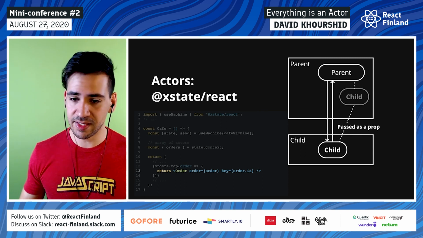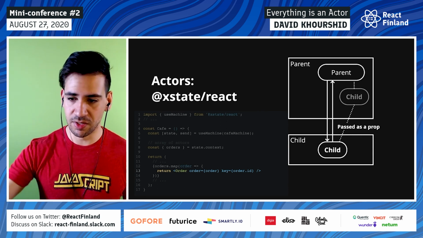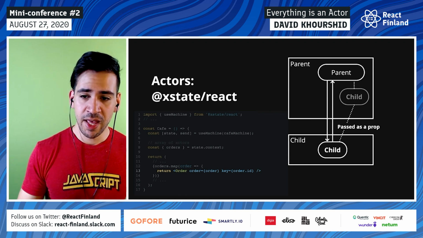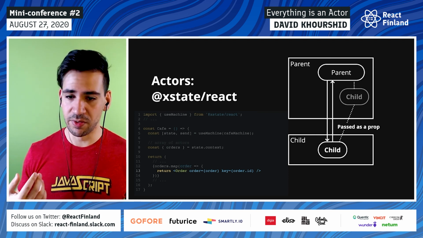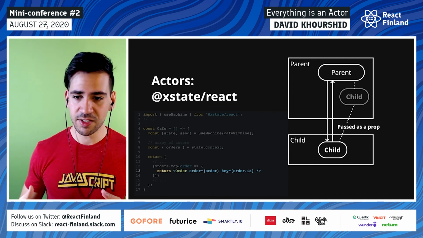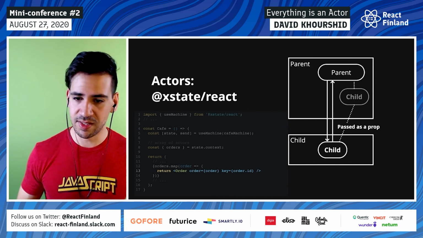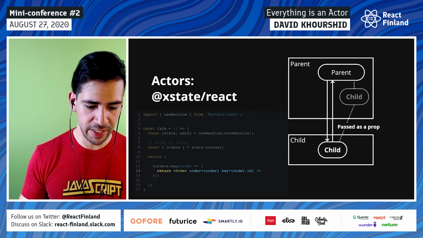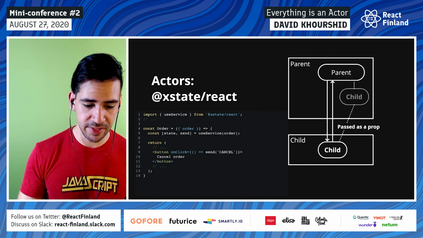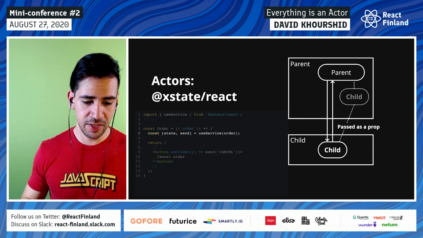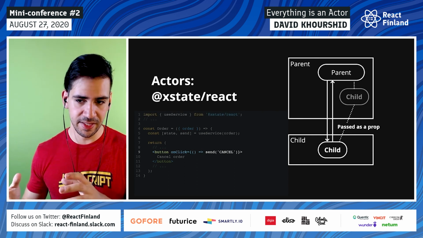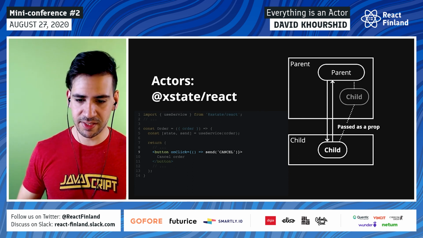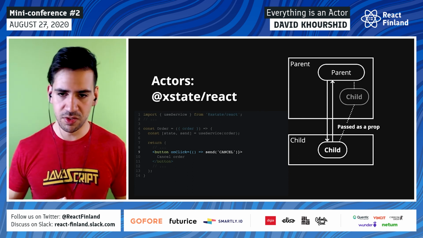Again, this is just a value, just another prop that you're passing to a component. That gives us the actor's current state, and it also gives us a function to send messages to that actor. So for example, when we send the cancel event, that might in turn send cancel over to the parent actor, and then the parent actor would know what to do.